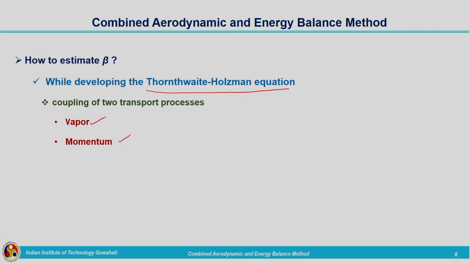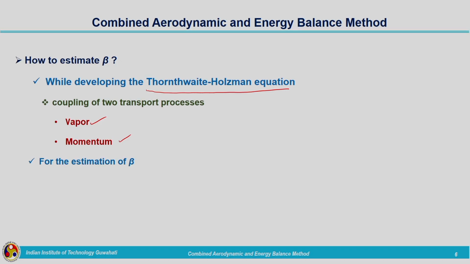We considered vapor flux and momentum flux to be due to the same transport process, that is convection. In a similar way, here we are going to couple two transport processes for the estimation of beta, that is, the transport equations for vapor and heat. Vapor flux and heat flux are mainly due to convection, so these two equations will be coupled together for the determination of beta.